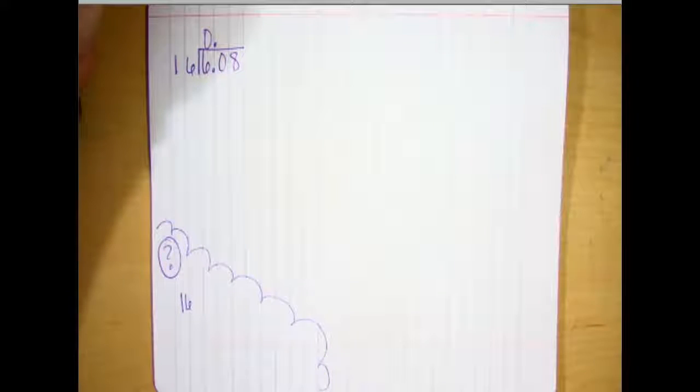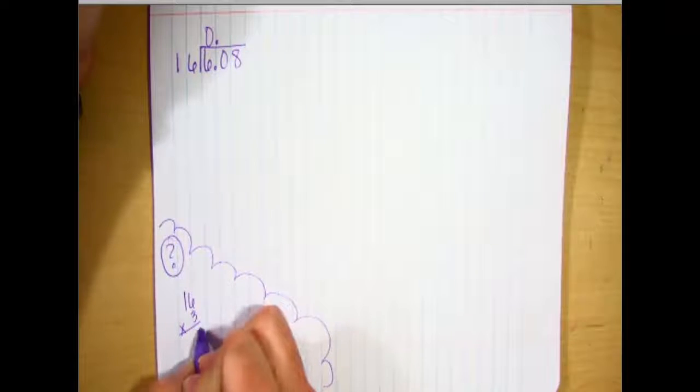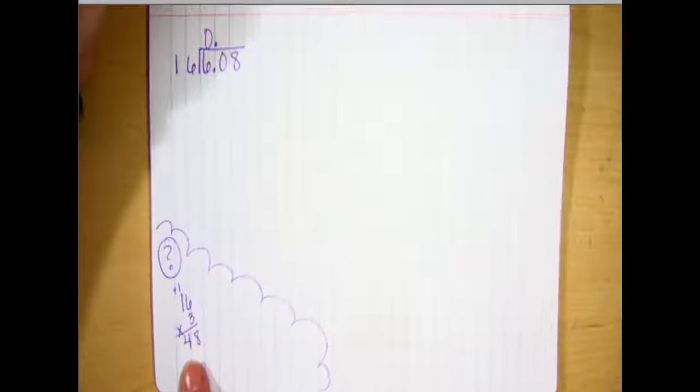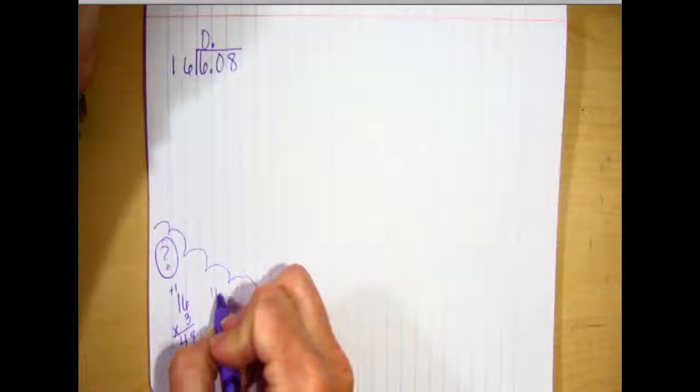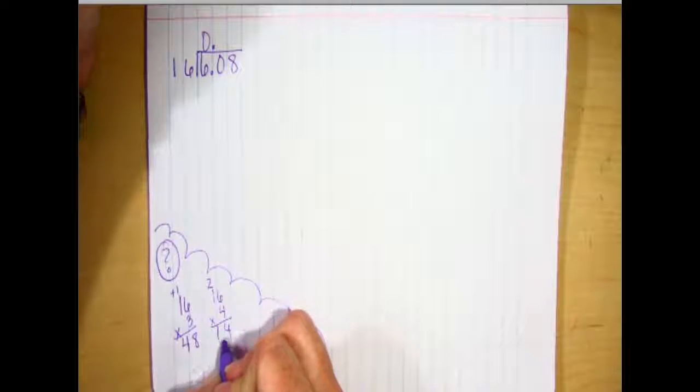You want to do 3 or 4? We could do 3. 6 times 3 is 18. 3 times 1 is 3 plus 1 is 4. You want to try 16 times 4 because that's not very close. 6 times 4 is 24. 4 plus 2 is 6.